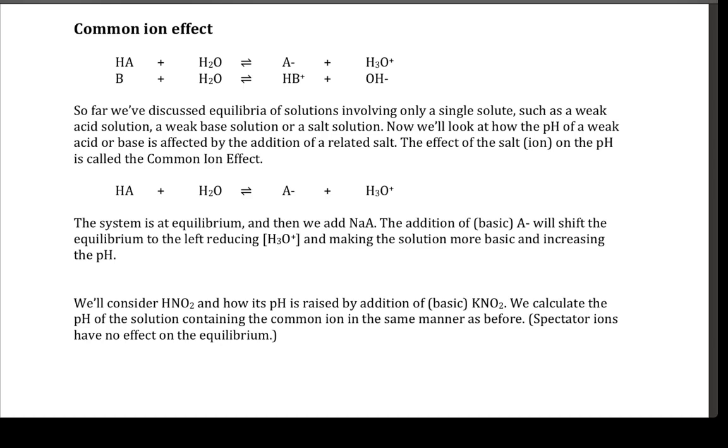We calculated concentrations of products, pHs, percent ionizations, and so forth. But we always only had a single solute, such as HA or B. We did calculations in that chapter also with salt solutions.